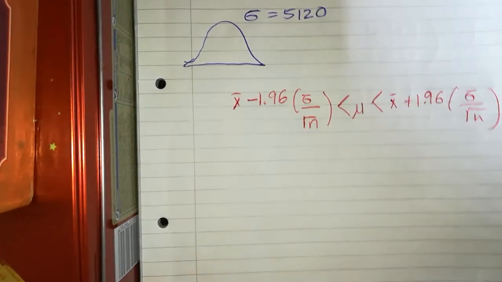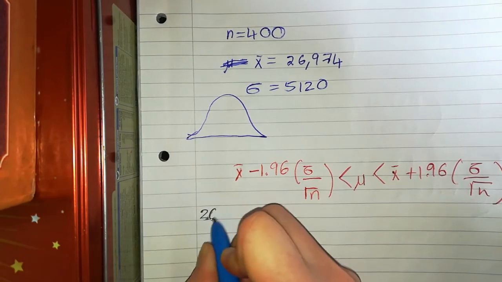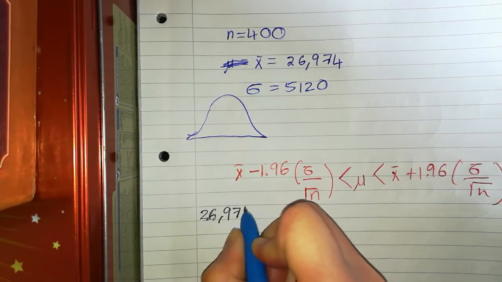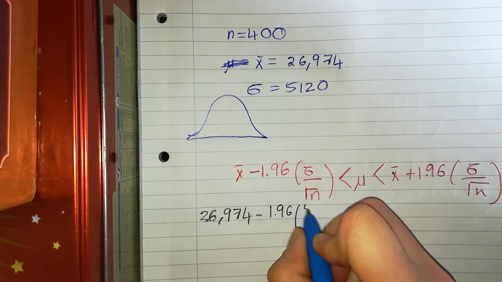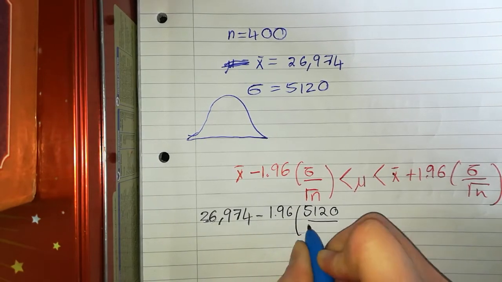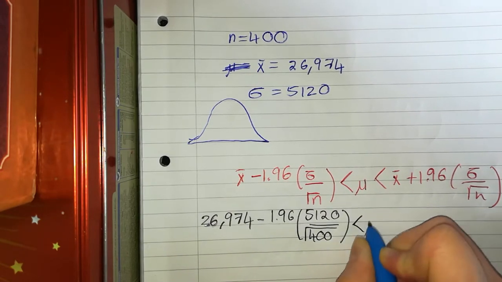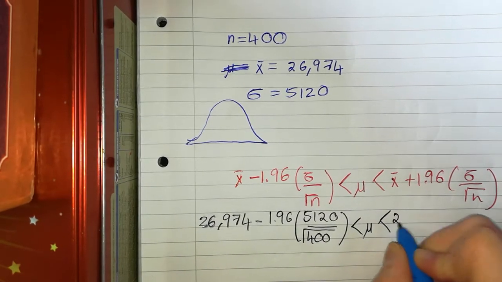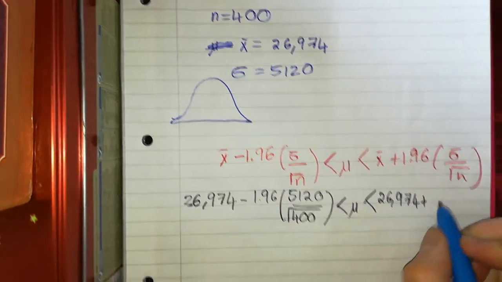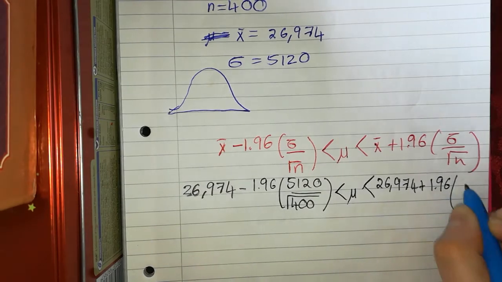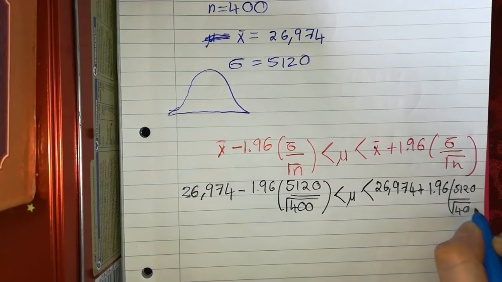So the mean from my sample was 26974. So that's going to be 26974 minus 1.96 times 5120 over the square root of 400, and then 26974 plus 1.96 times 5120 over the square root of 400.